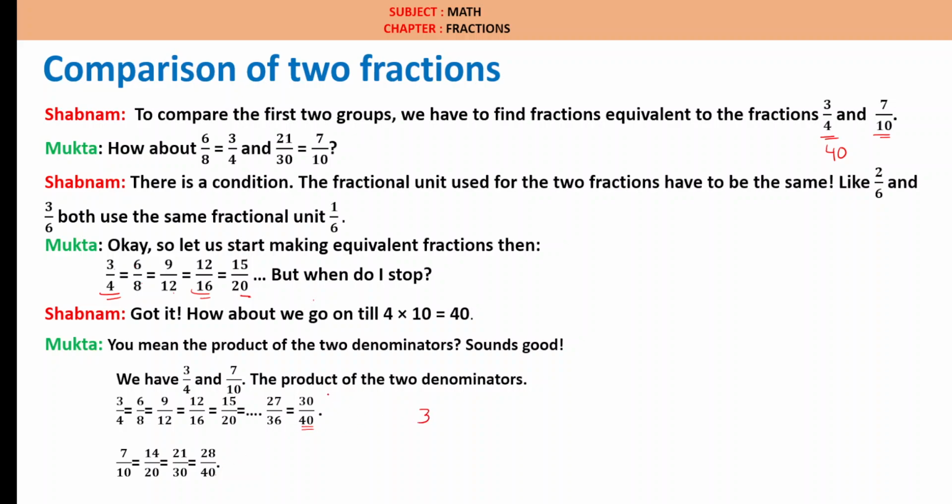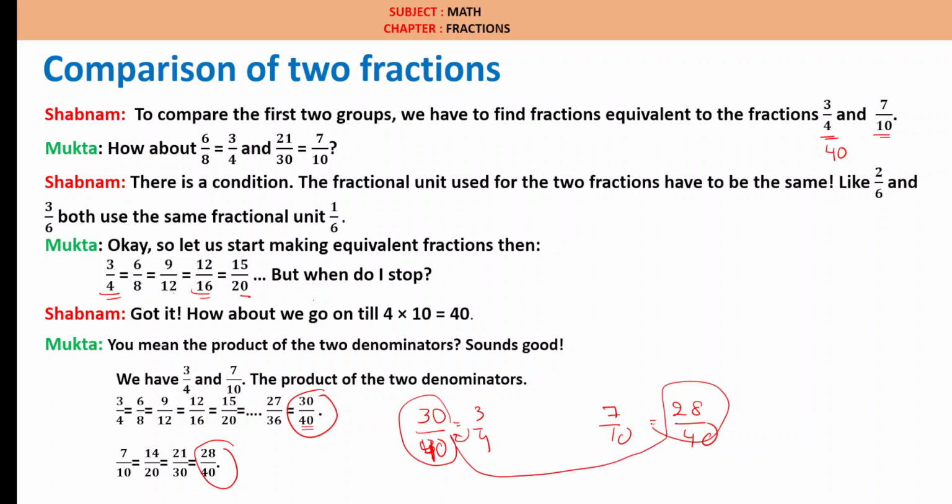Now if we observe, these two fractions are equivalent fractions. So 30 by 40 is 3 by 4, and 7 by 10 is nothing but 28 by 40. So these are the equivalent fractions of these.